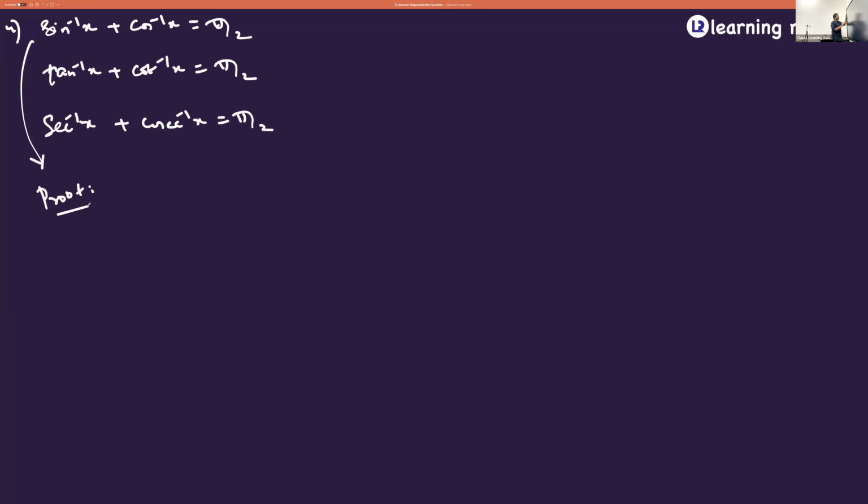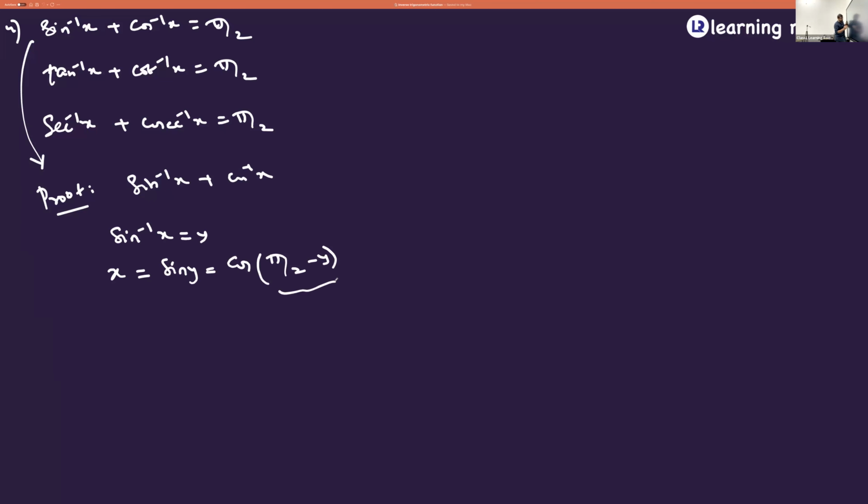So if you look at the proof, right? When I take sin inverse x plus cos inverse x, for instance, if I take sin inverse x to be y, then what is x equal to? Sin y. But sin can also be written as cos of pi by 2 minus y.